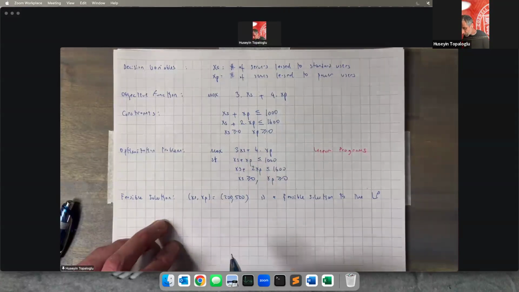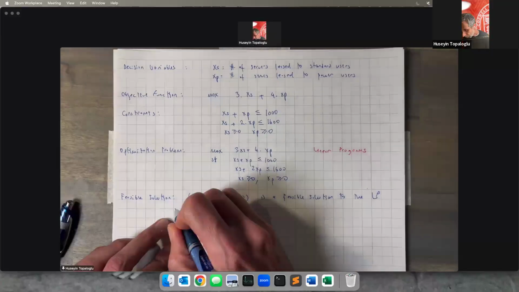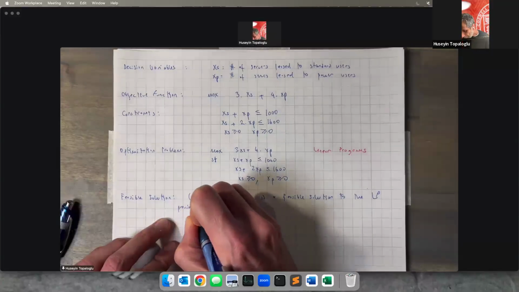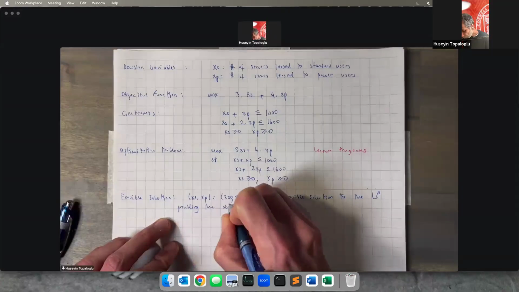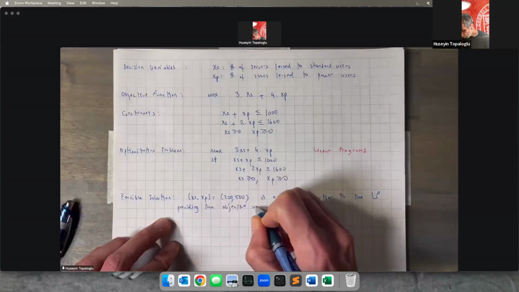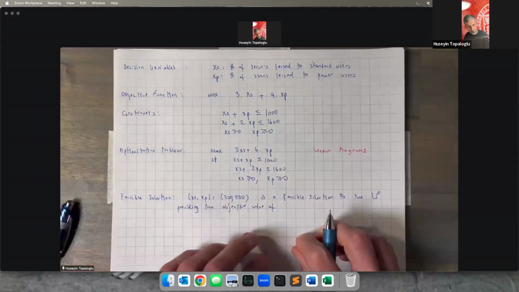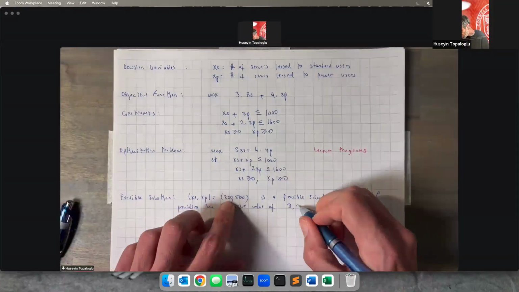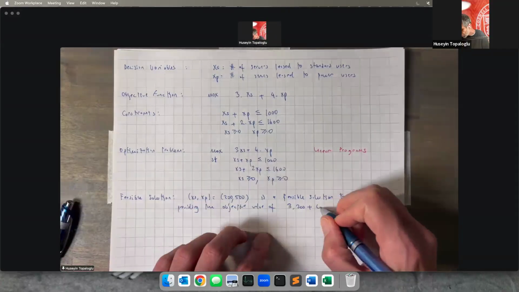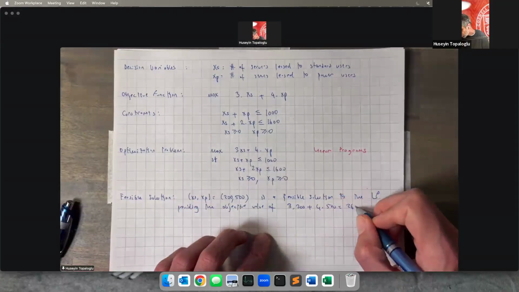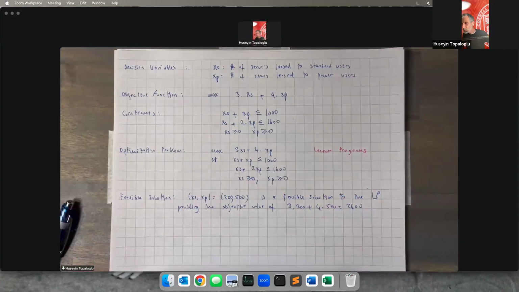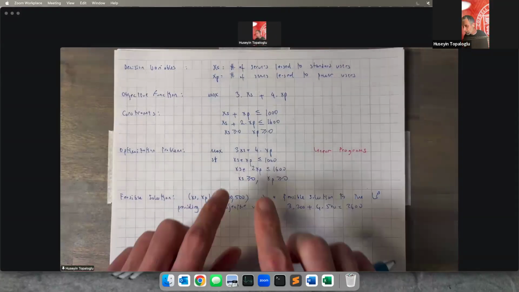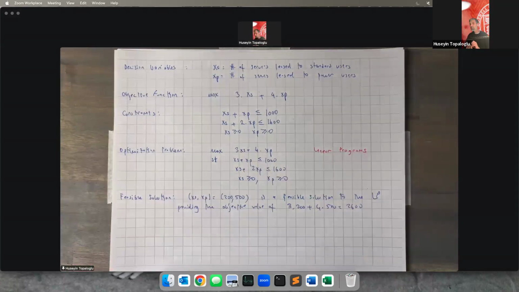So xs, xp equal to 200, 500 is a feasible solution to the LP, providing the objective value of 3 times 200 plus 4 times 500, which is 2600. That's what we mean by a feasible solution. A pair of decision variables that satisfies all of the constraints is a feasible solution to our linear program.